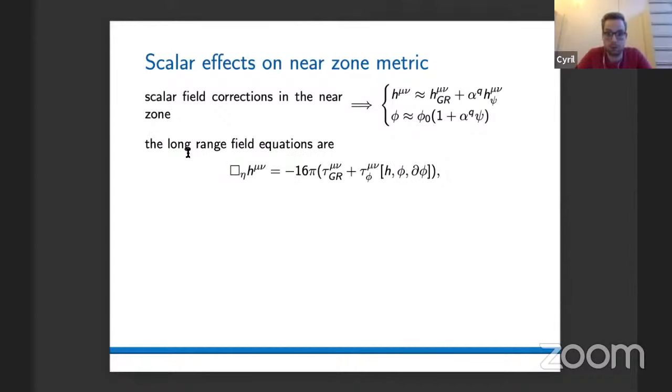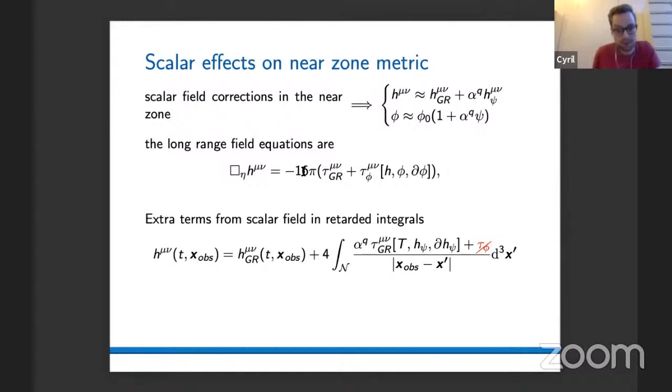So what you need to solve is this gravitational wave equation. You need to take the retarded integral of this effective stress energy tensor, and we do this integral over the near zone. If you do the integral of this term, it would give you general relativity, because a part of the gravitational field is described by general relativity.